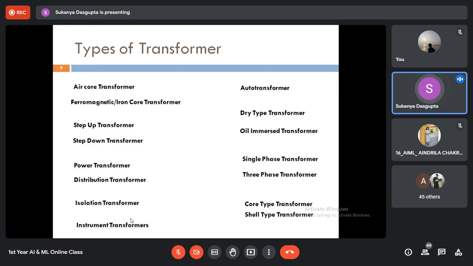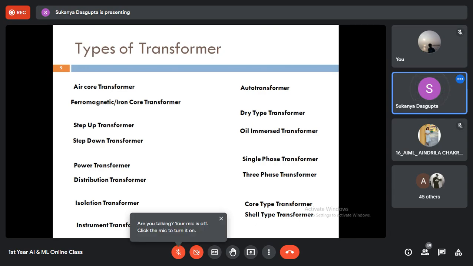Next is the auto transformer. The auto transformer is another type of transformer in which primary windings, secondary windings, core material, everything is similar to that of the power transformer or distribution transformer. But what is the difference here?